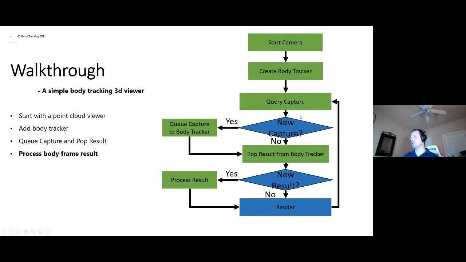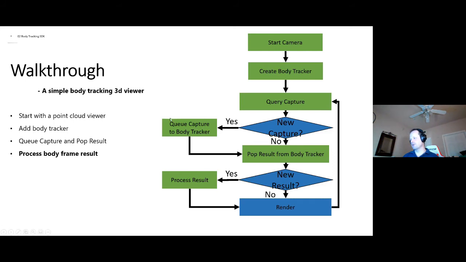Remember, here you need both the depth stream and the infrared data stream. Then you check, is there a new capture? You queue that capture to the body tracker. And then after that, you try to pop the latest result from the body tracker, which could happen only in the next frame of processing.